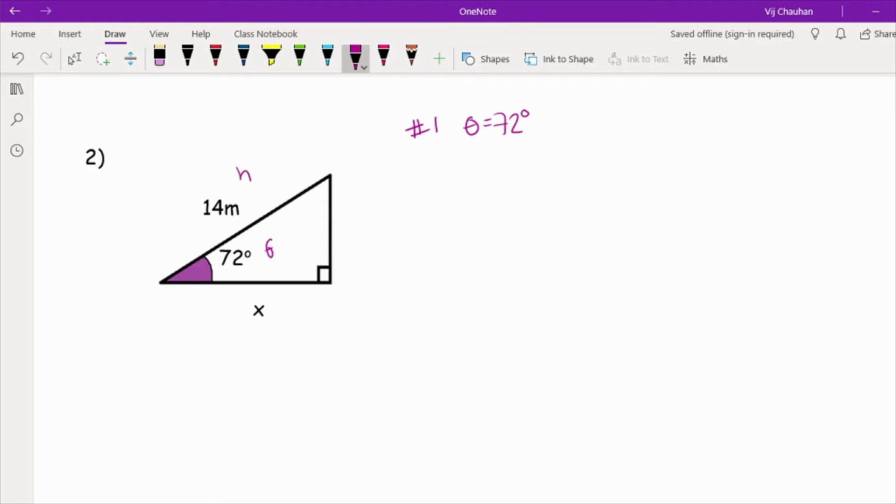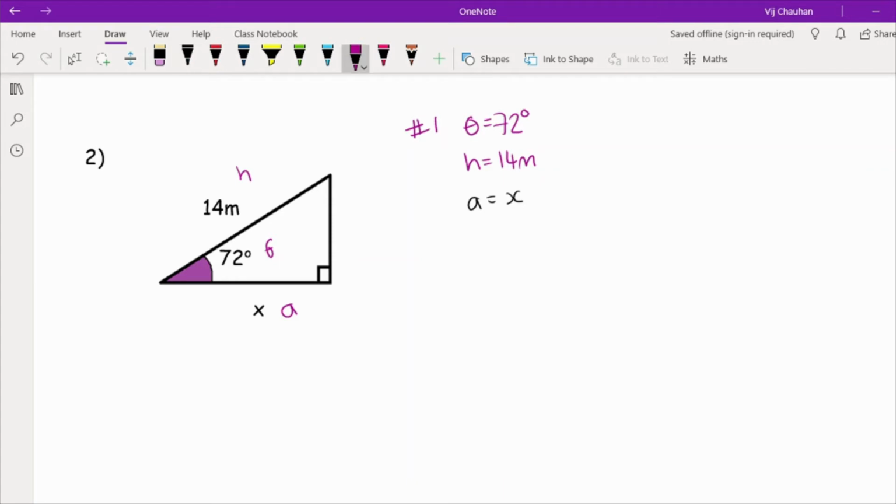I've got my hypotenuse, because it's opposite the right angle, which is 14 metres. The side opposite theta is going to be A. To avoid any confusion, I'm just going to scribble out the O, because I don't label any blank sides, or we can just delete or erase it. So then I've got A equals x.